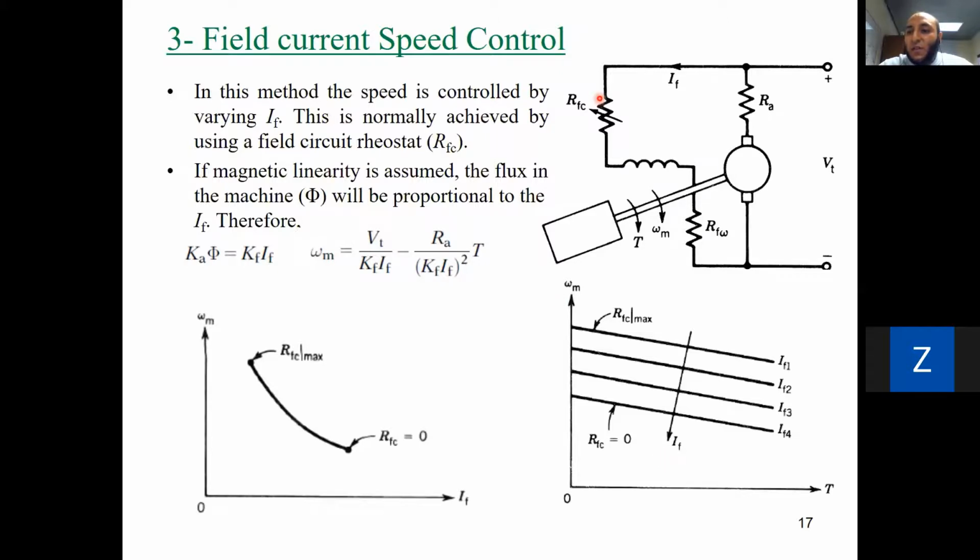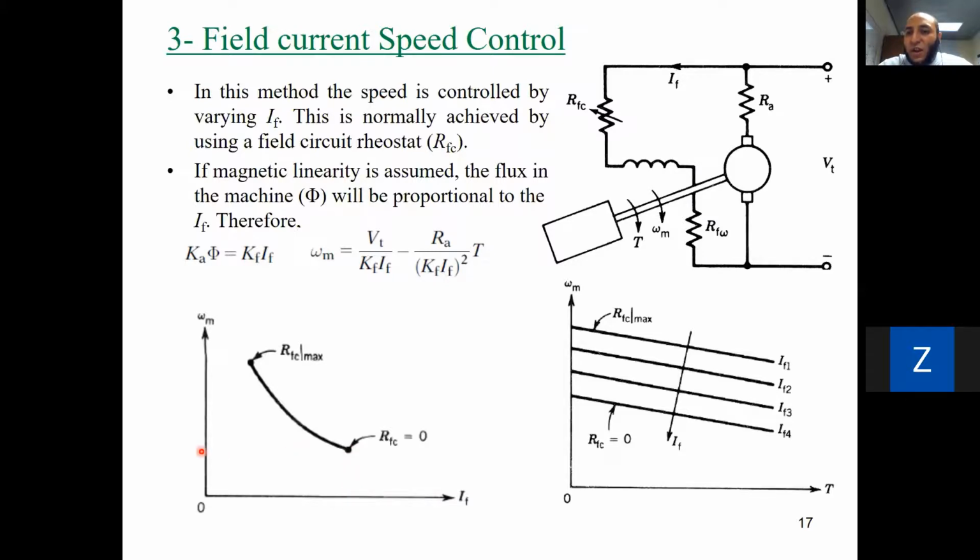Simply by inserting a series, or let's call it field control resistance, and we can start at zero control resistance, like in this case, and this will be the value of IF, and this is the corresponding speed.